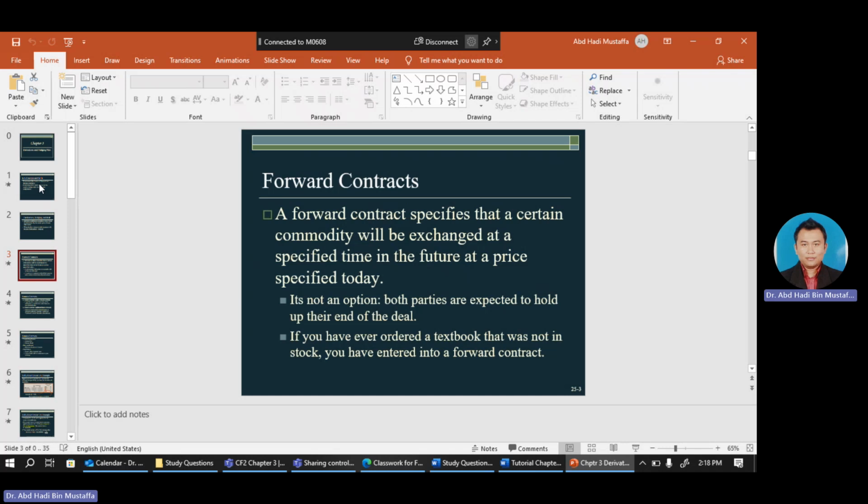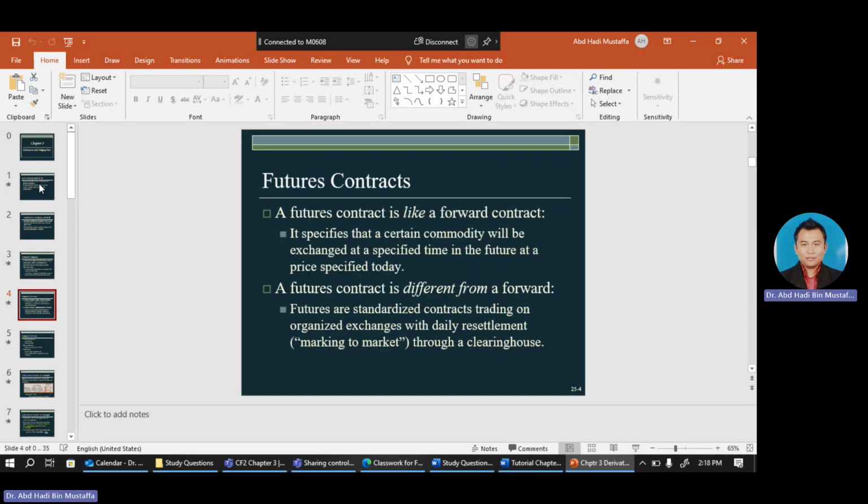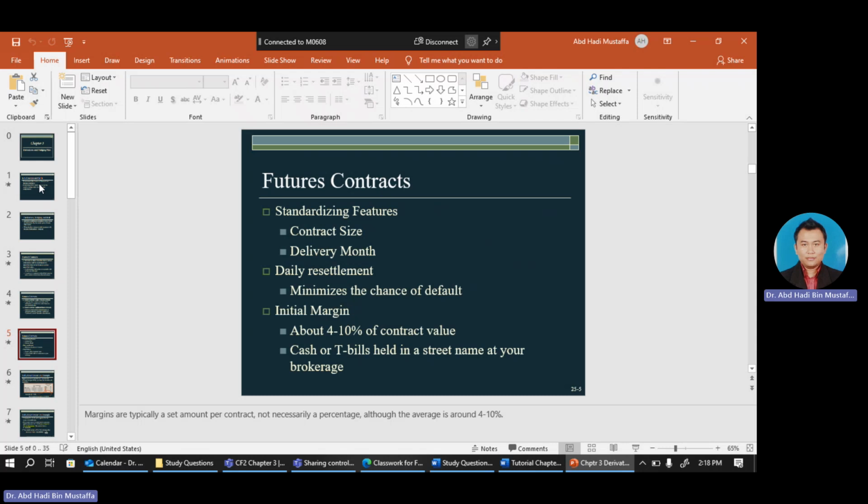Cuma forward ni illegal, haram. Tak boleh. Sebab apa? Dia tak ada standardized black and white. But futures, yes. Futures ada contract and they are also under the derivative board. In Malaysia's case, it is Bursa Malaysia Derivatives Berhad. Kan Hani ya? Okay, sebab tu dia ada contract size, delivery month.